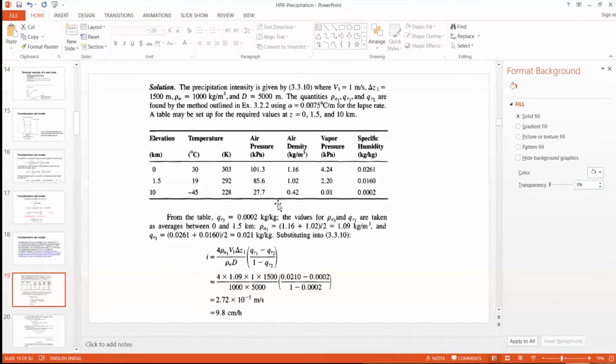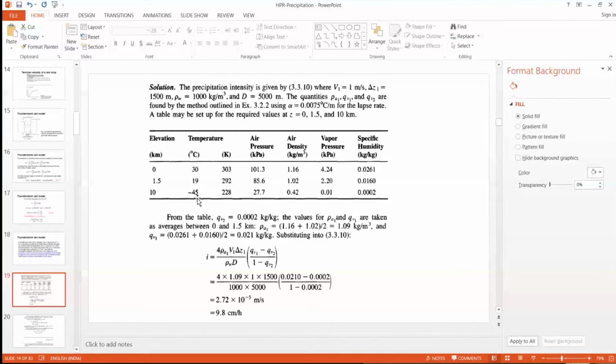We have not taken another element here at the outlet. Why? Because there the pressure as well as temperature are almost constant.